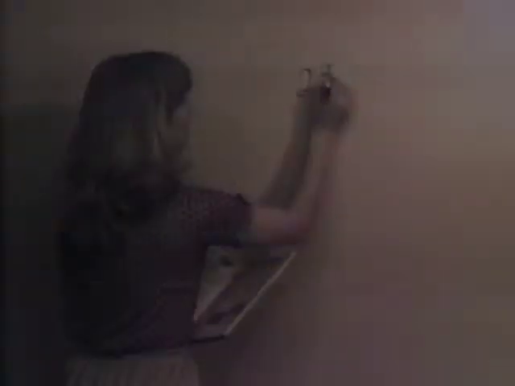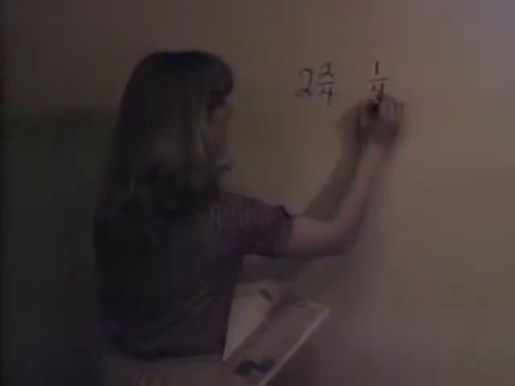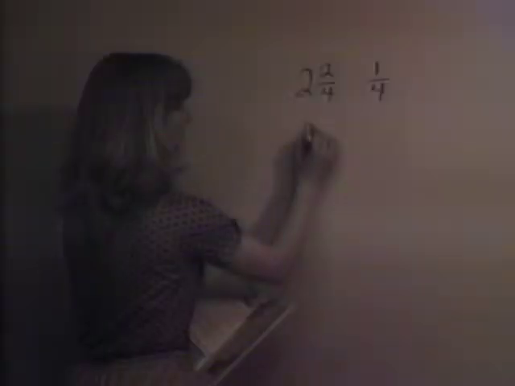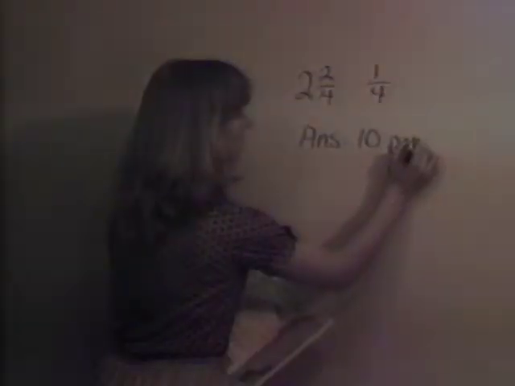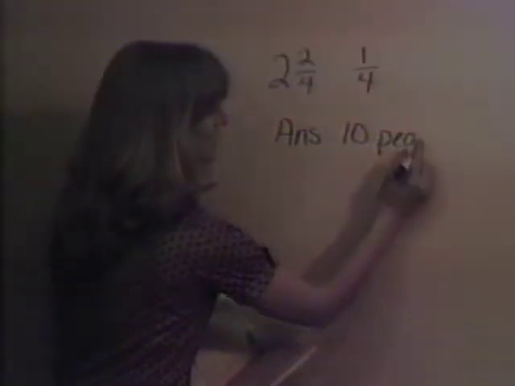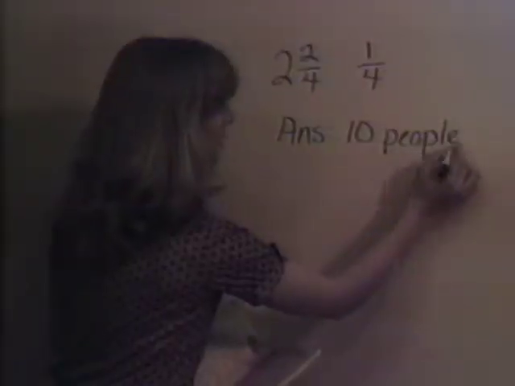Okay, Joni has 2 2/4 cups of rice, and each serving needs to be 1/4 of a cup, and they want to know how many people we can serve. The answer that we are given is that will serve 10 people. Let's see if that makes sense or not.